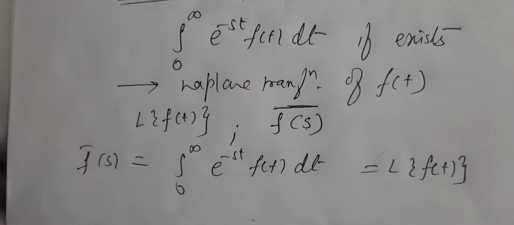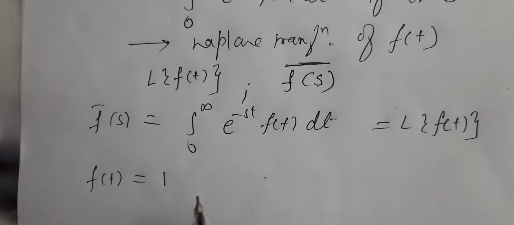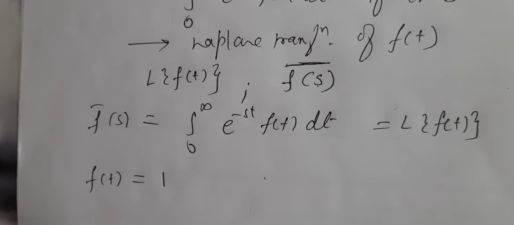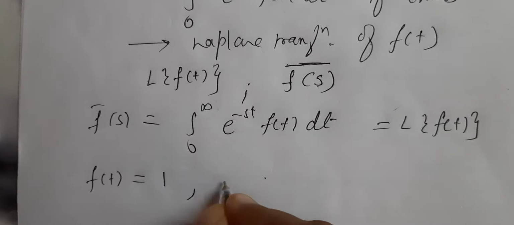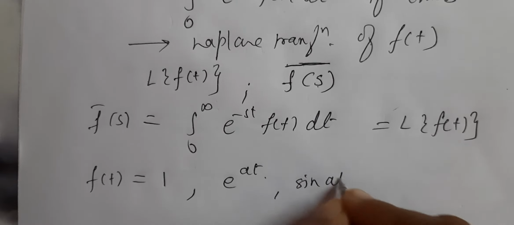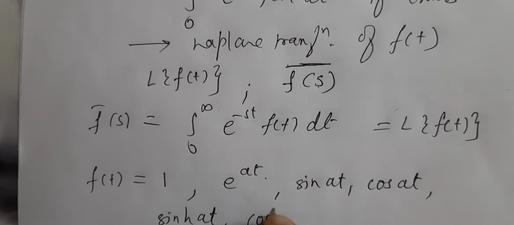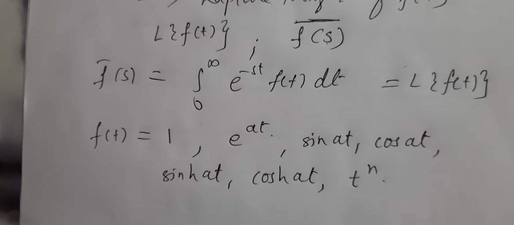The standard functions are: first, f(t) is 1, of course defined on 0 to infinity. Then f(t) as e raised to at. Then sin at, cos at. Then sin hyperbolic at, cos hyperbolic at, and finally t raised to n. We are going to find the Laplace transformation of these, and we will take them as standard formulae.